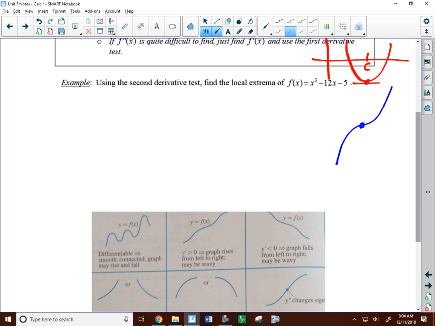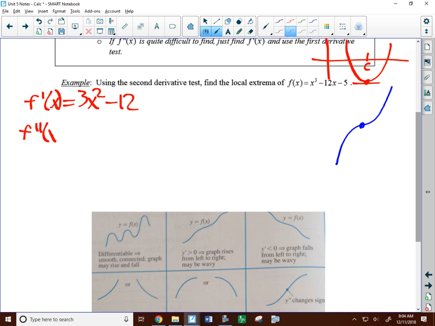Okay, so let's do one example of this. Use the second derivative test. Find the local max and min of this function. So it tells right there I've got to do the second derivative. So first derivative, 3x squared minus 12.